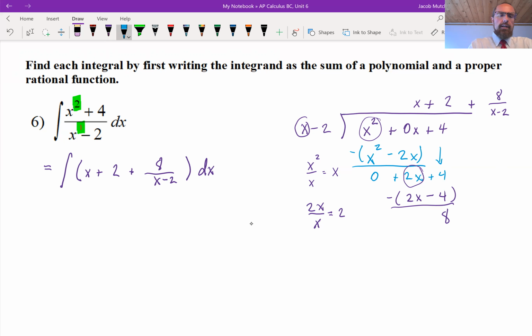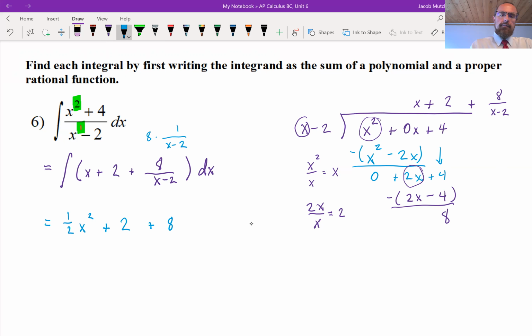So at this point, I've got now integration of just x. That's going to be 1/2 x squared. Integration of 2 is plus 2. And then thinking about 8 over x minus 2, I'm going to just take that 8 as a coefficient off to the side. So really what I'm thinking about is 8 times 1 over x minus 2.